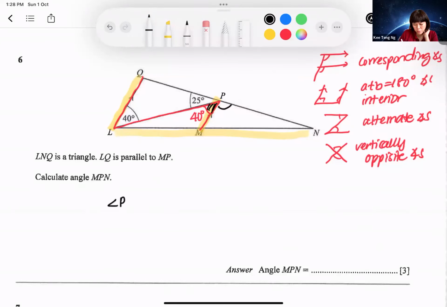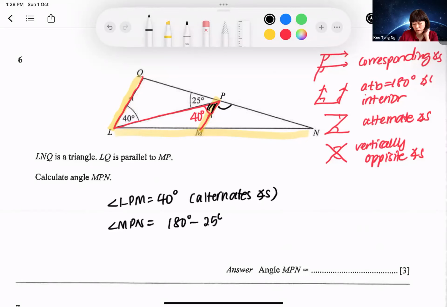Angle LPM is equal to 40 degrees because of alternate angles on parallel lines. Then to find angle MPN, that will be 180 minus 25 minus 40 degrees, angles on a straight line. 180 minus 25 minus 40 is 115 degrees.